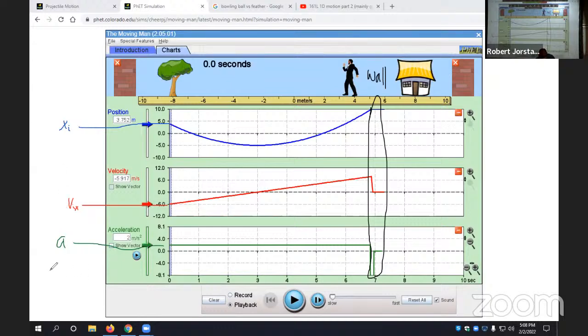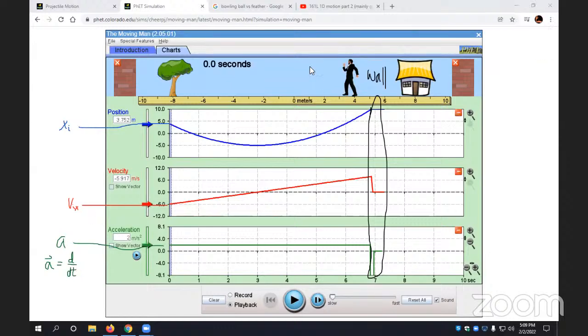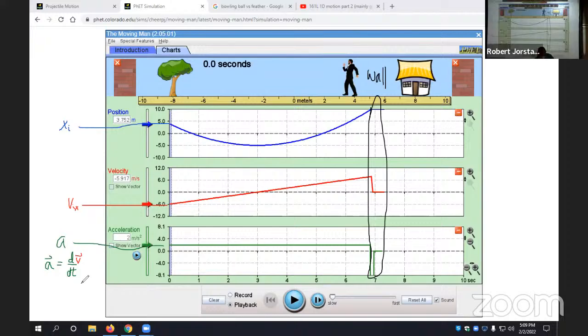Do you remember acceleration is supposed to equal the derivative of what? Velocity, yeah. Okay. All right. Well, remind me.